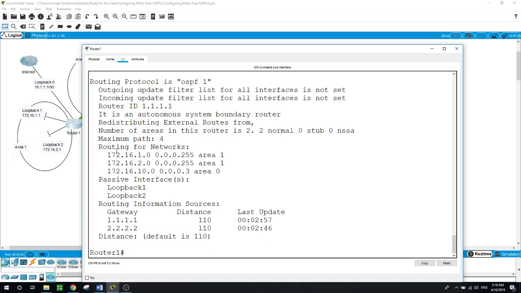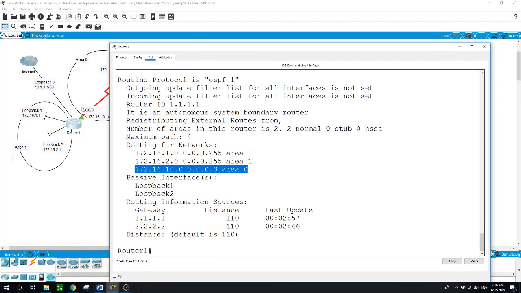And here it is saying we are using this to route for this network, the loopback 1 in area 1, and loopback 2 also in area 1 here, and the interface facing router 2, which is in area 0. And we have the passive interfaces for loopback 1 and 2, and routing information sources here.